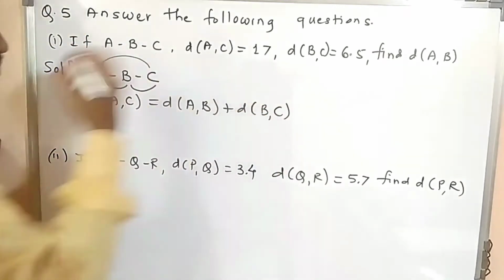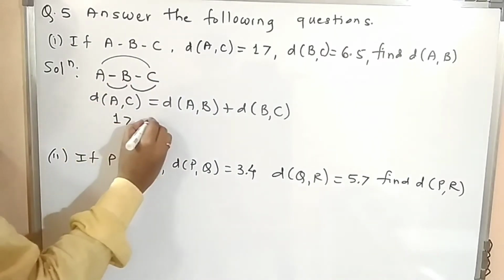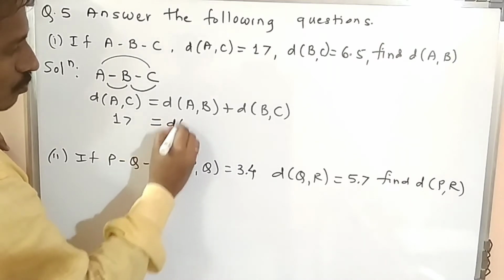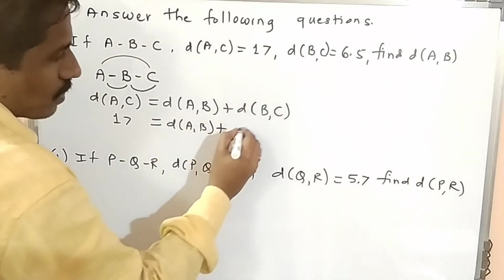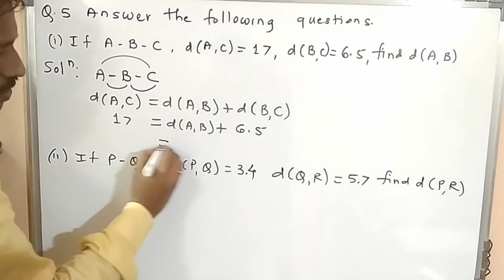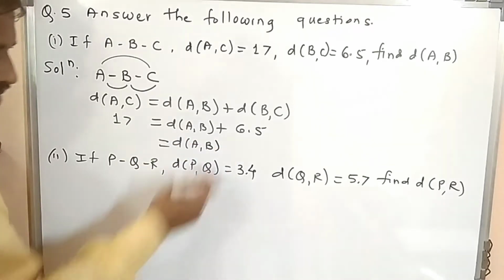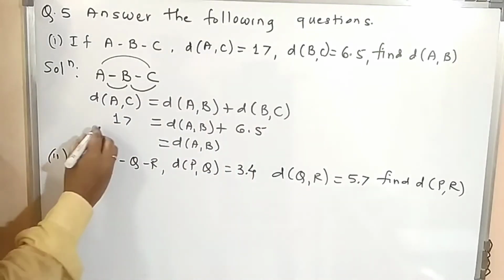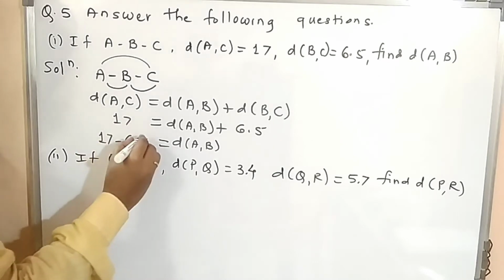Now substituting the values. Distance AC is 17, equal to distance AB, not given, that I have to find out, plus distance BC, which is 6.5. I have to find out distance AB, so I will keep distance AB as it is. This plus 6.5 I will transfer to the left hand side, so it becomes 17 minus 6.5.